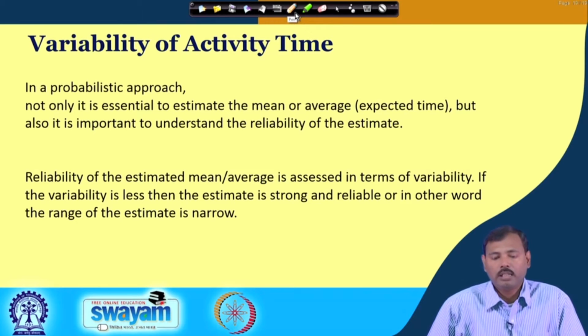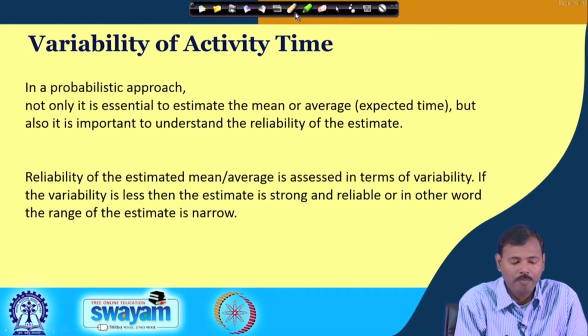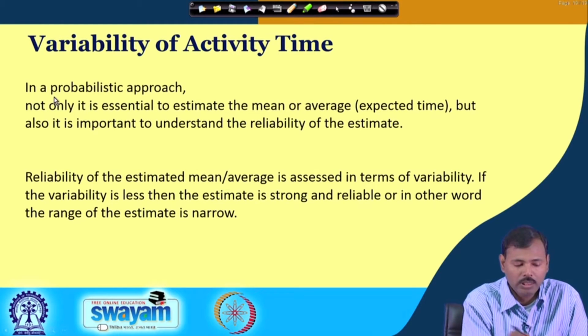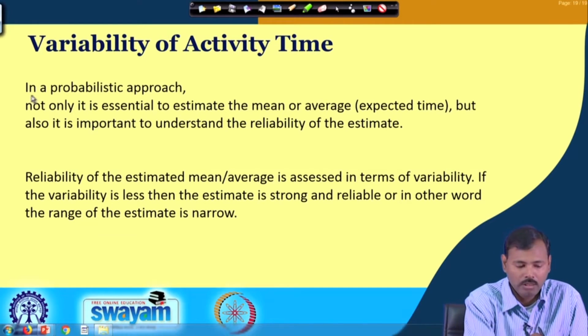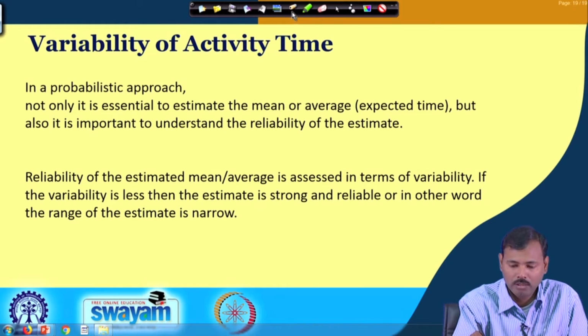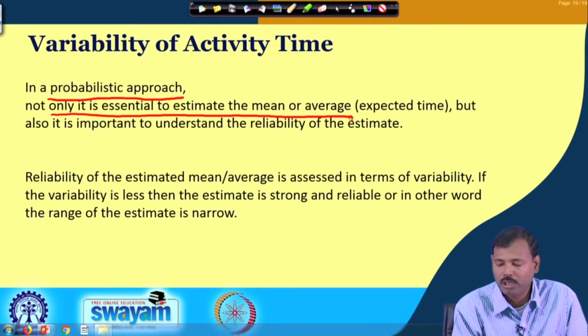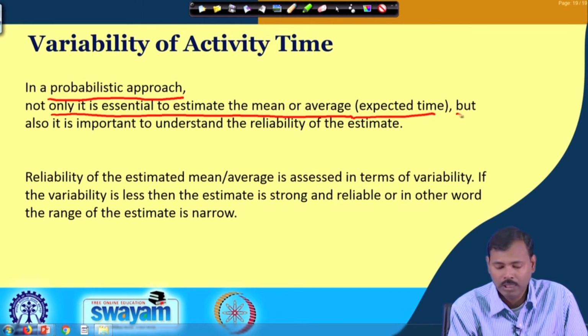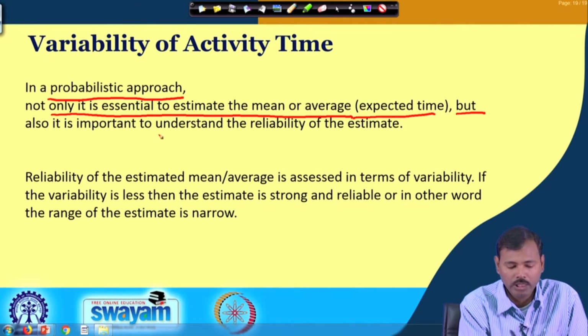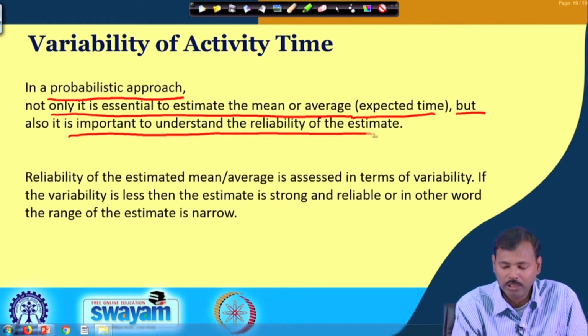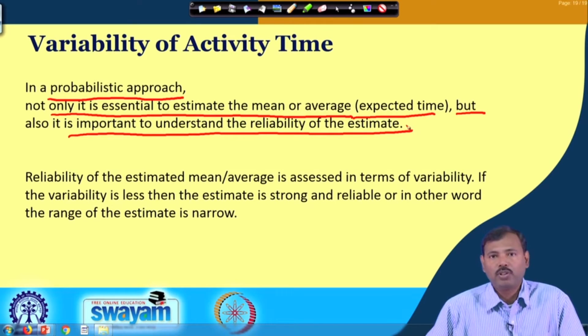The second important parameter in this case is the variability of the activity time. In a probabilistic approach, not only is it essential to estimate the mean or average, that is the expected time, but it is also important to understand the reliability of this estimate, because the variation may be very high or may be less.